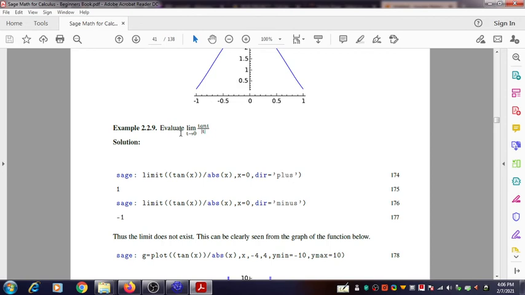Okay, next problem. We want to evaluate the limit of tan t divided by, not ordinary t, but by the modulus of t, the absolute value of t, as t tends to 0. But the independent variable is given as t instead of x. Only that change is there.